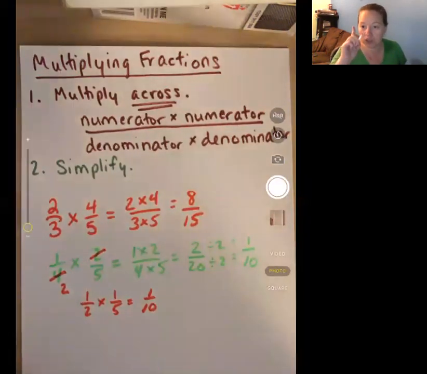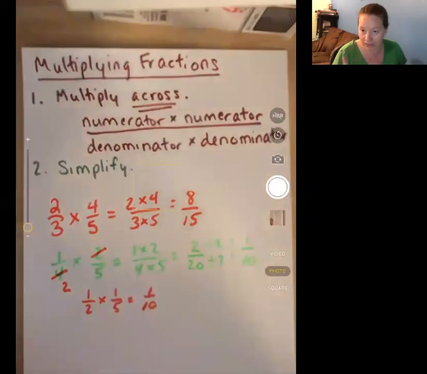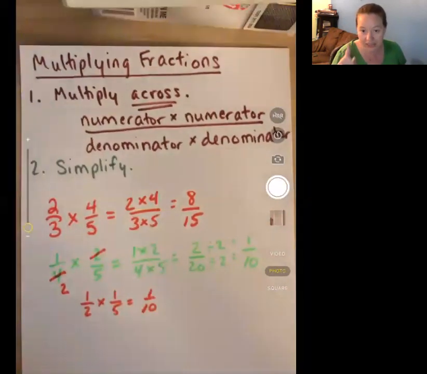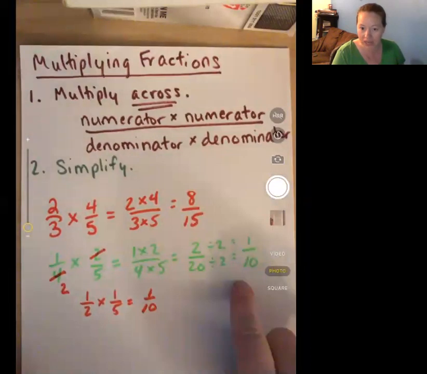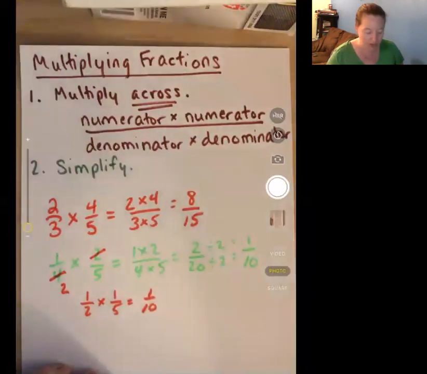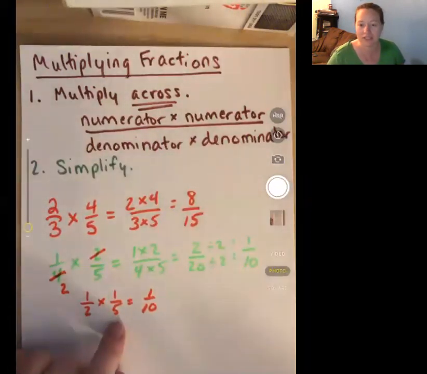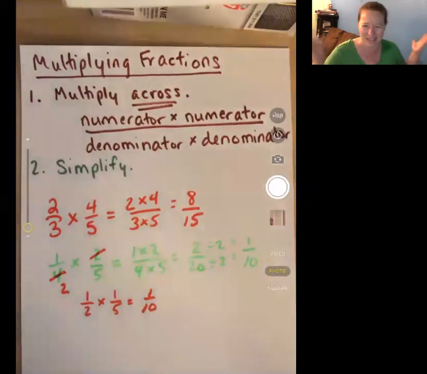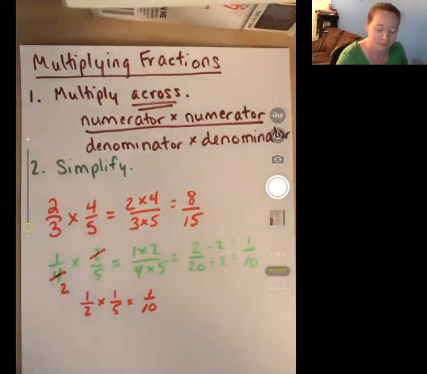If you see it, you can do it. If you do not see it, this way works just fine. You do not have to do it the other way. This way works every single time. The shortcut is only if you see it, if it's something that pops out at you, that you go, oh, wow, yeah, I can totally do that.